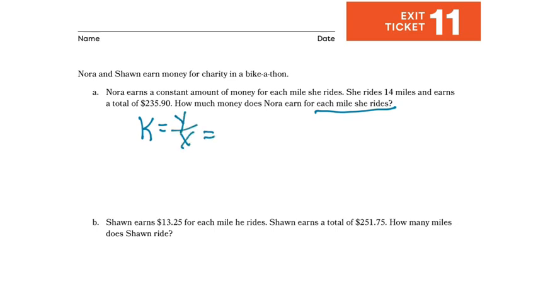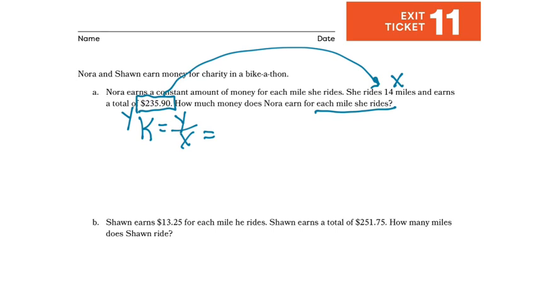Our Y is going to be, again, that's our dependent variable. What depends on the other thing? Well, the amount of money she makes is going to depend on how many miles she rides, which means it's our dependent variable, which means that the miles is our independent variable, our X. We can pick any number of miles we want and determine how much money she makes.